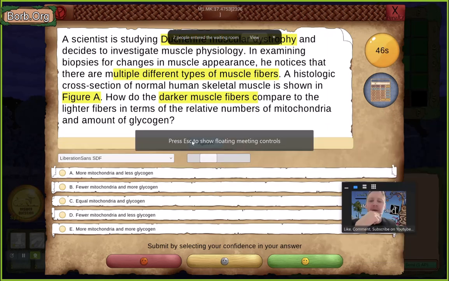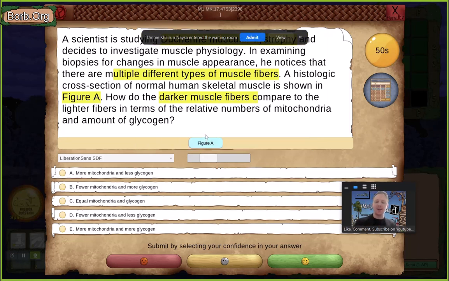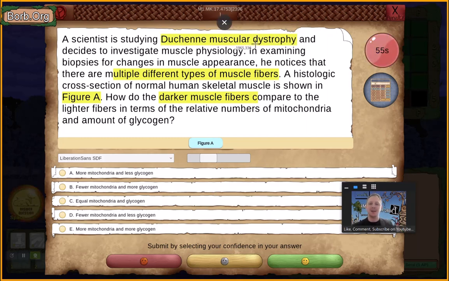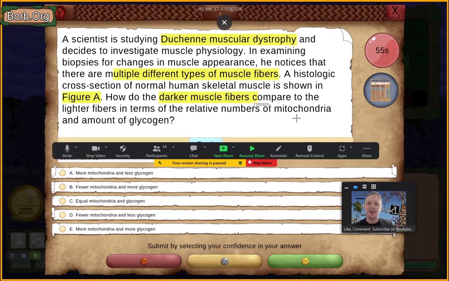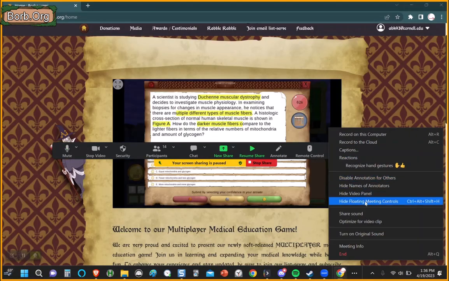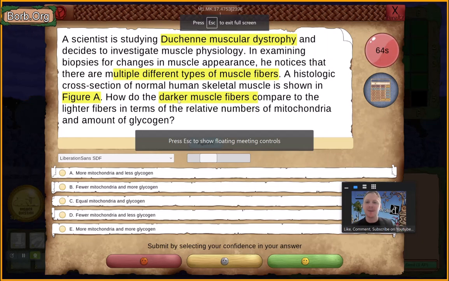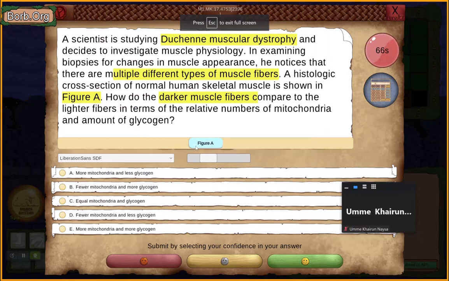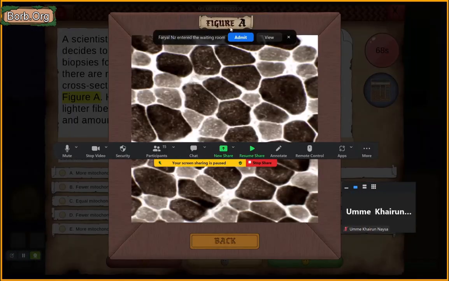All right, so I'm going to show you the image, but have you seen questions like this before? This is kind of like a muscle tissue. Yeah. So it's typifying characteristics of muscle cells. So let's take a look at the image itself.